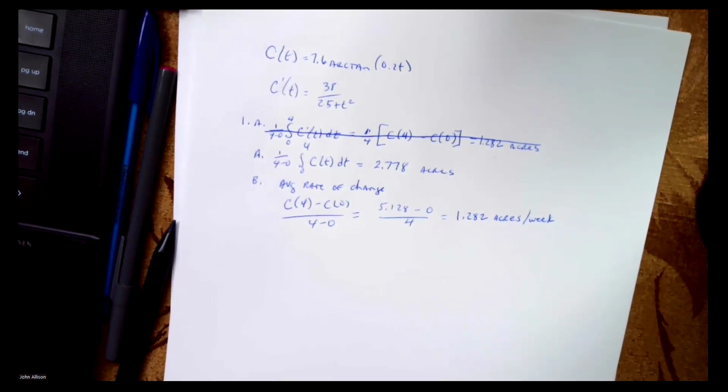So now I'm going to put in my Y2, I'm going to put C prime, which is 38 divided by, open parentheses, 25 plus T squared, or X squared in the calculator.